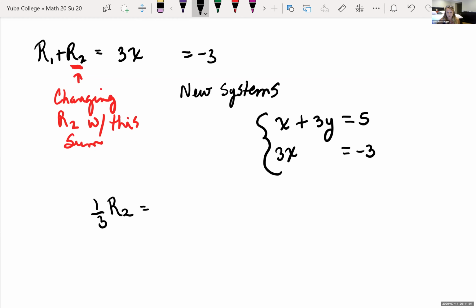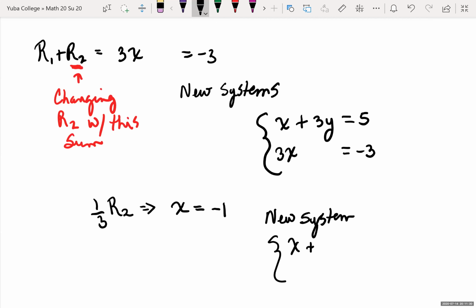If I multiply 1/3 by my second row, 1/3 times 3x is just x, and that is equal to 1/3 times negative 3, which is negative 1. So again, I have a new system. I didn't do anything to my first row. I still have x. Where did you get the 1/3 from?